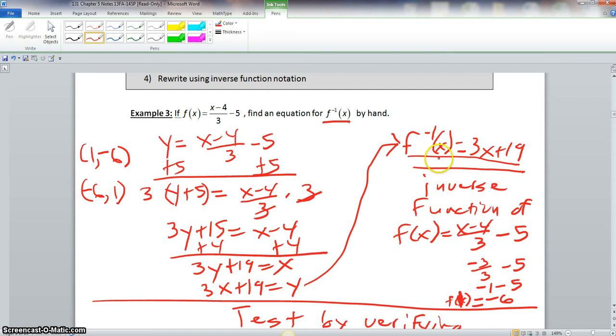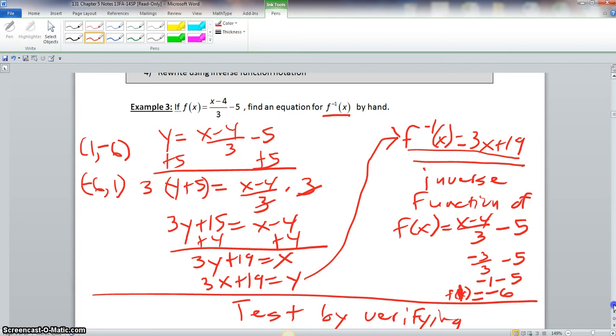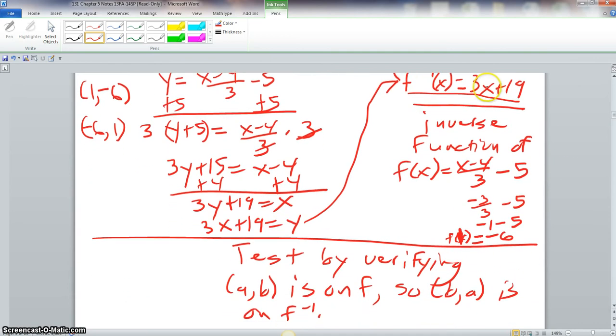So let's see if that works out. If we put in negative 6 for x, we will have 3 times negative 6, plus 19. So it'll give us negative 18 plus 19, which is 1.